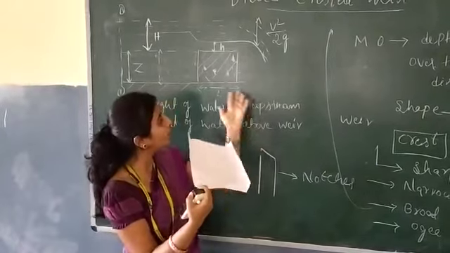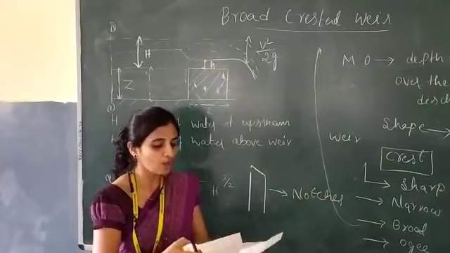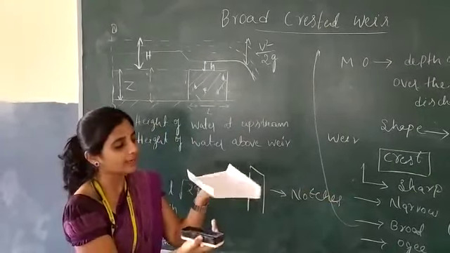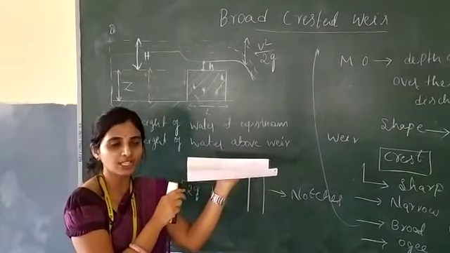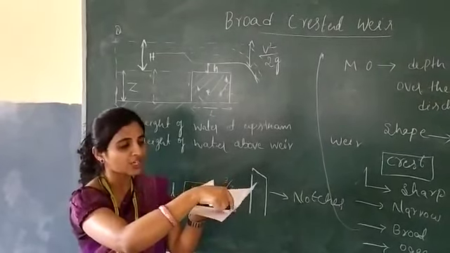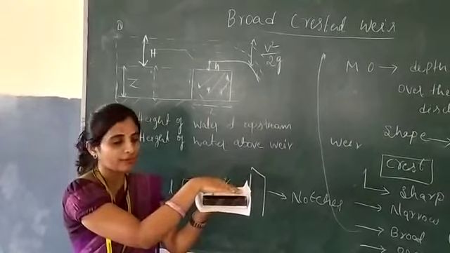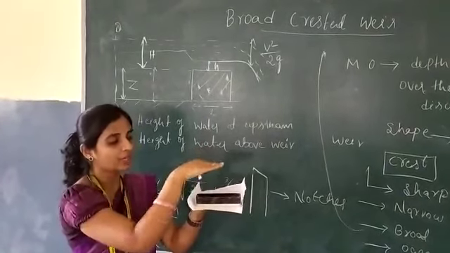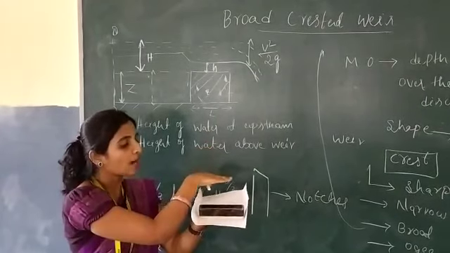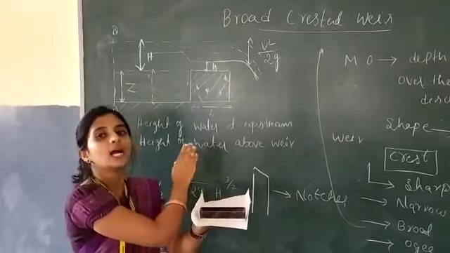How does it work for the broad crested, the narrow crested and so on? You can consider this the front view of the channel, and this the side view of the channel. This is the obstruction, and water flows at the normal level. When you give the obstruction in that channel section, the water discharge changes from upstream to downstream.